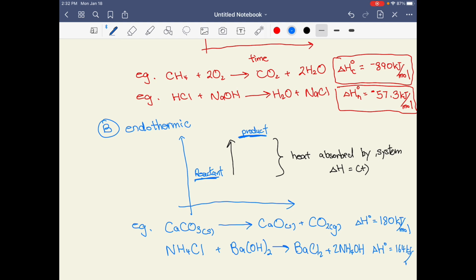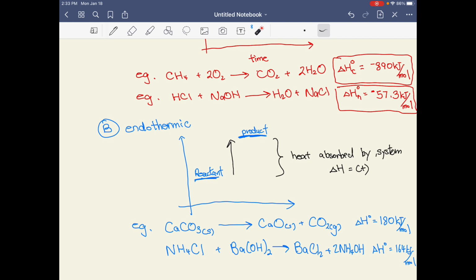Now notice I did not indicate the reaction type anymore. You can if you want, you can put a D here to indicate that this is a decomposition reaction. You can put a double displacement here, but it really makes not much sense if they're not combustion or neutralization, which are quite specific if you think about it. Combustion is very specific.